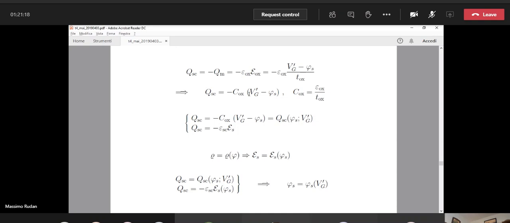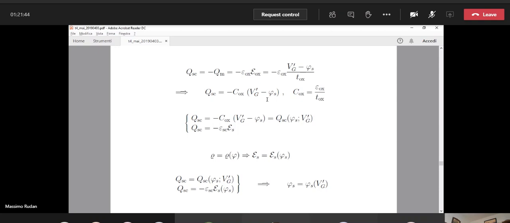Is this expression sufficient? Well, no, because it contains two unknowns, the charge and the surface potential. It is very compact and very simple, but insufficient in itself to give us the values of phi s and QSC.